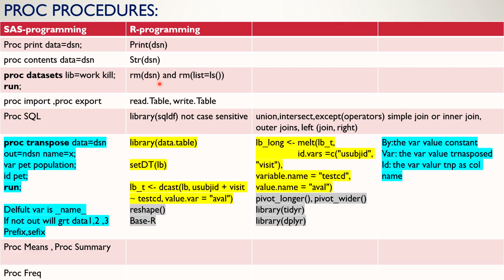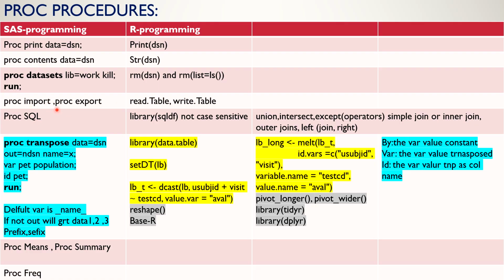The same way in R programming, if you want to delete datasets, you need to write code this way. rm means remove; it removes that particular dataset only. If you want to remove all datasets, you write rm list equal to ls. If you run this in R programming, it will delete all datasets.